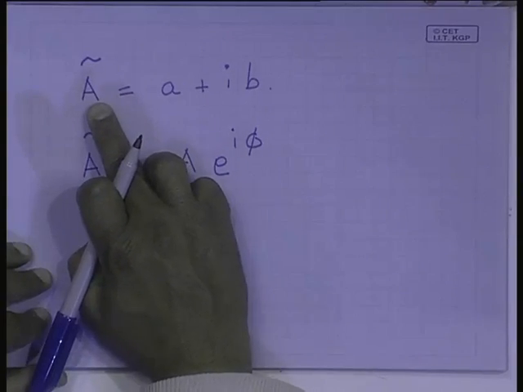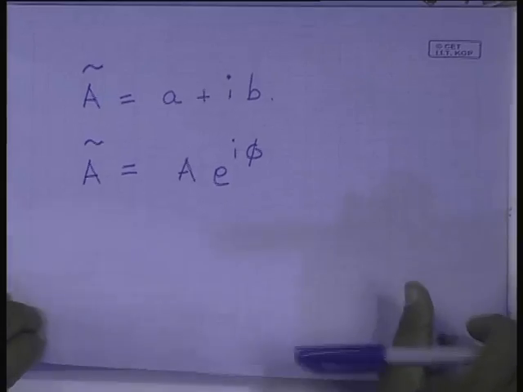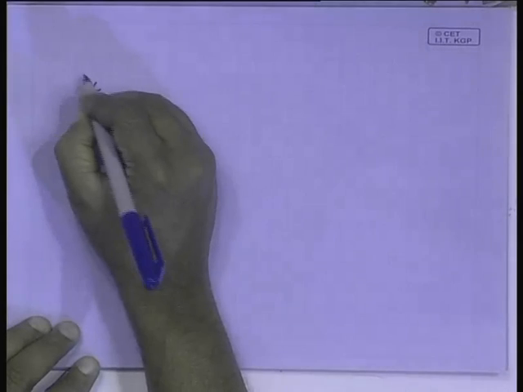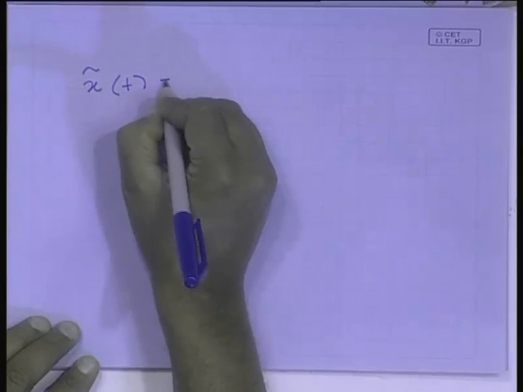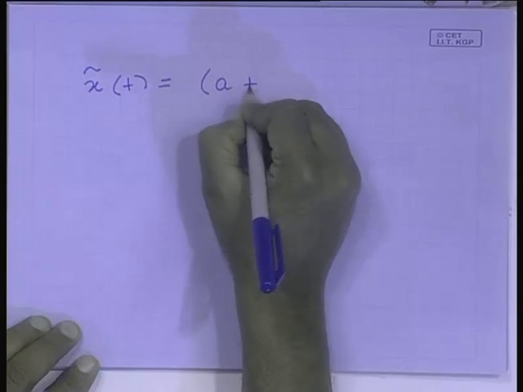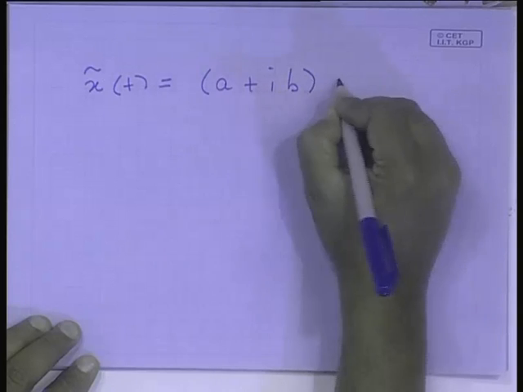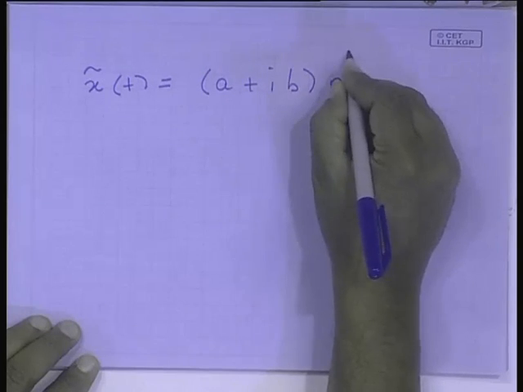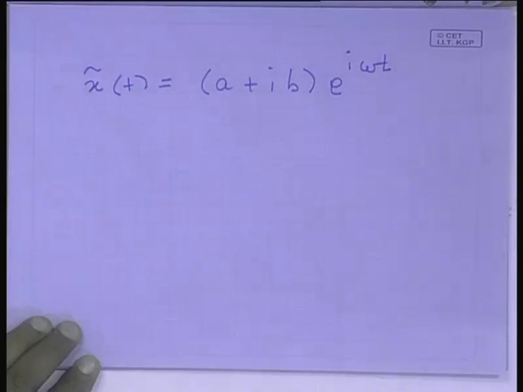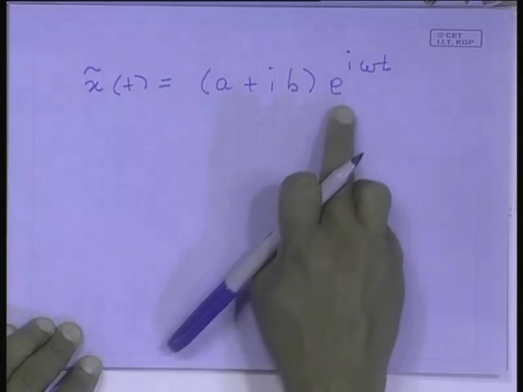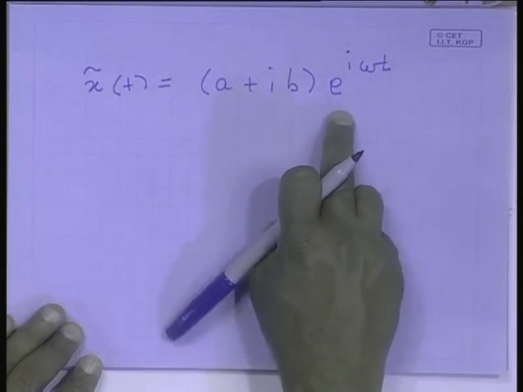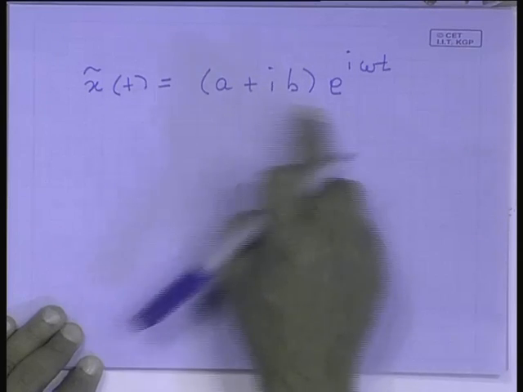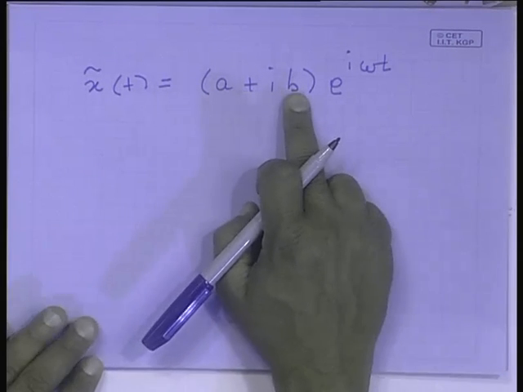So, putting this expression for the complex amplitude A tilde in the expression for x of t, we have a plus ib. Now at t equal to 0, e to the power i omega t is 1. So, x is a plus ib.